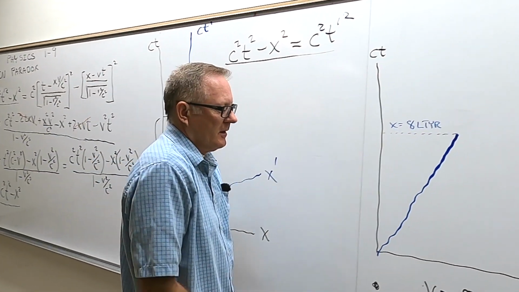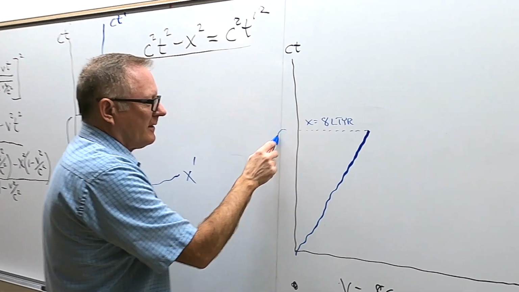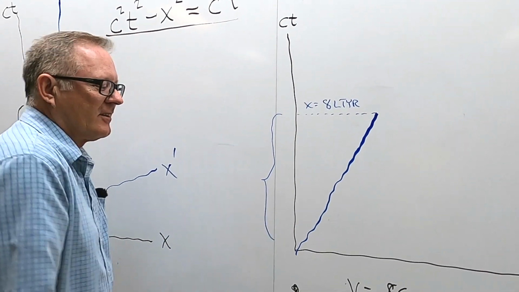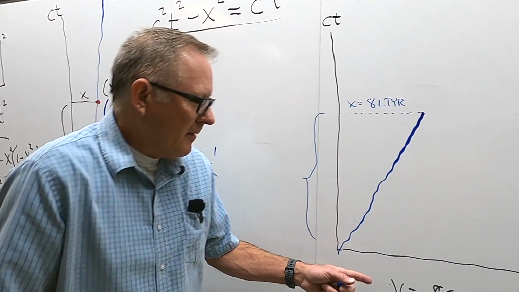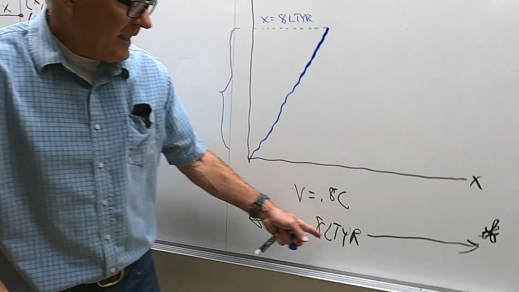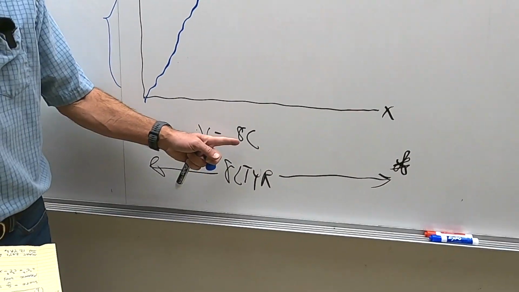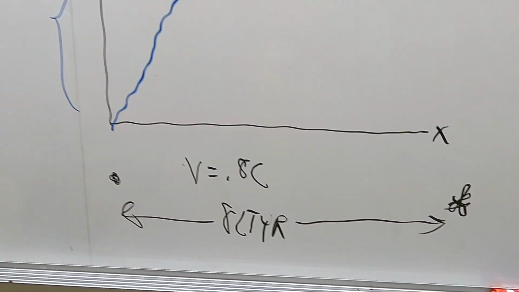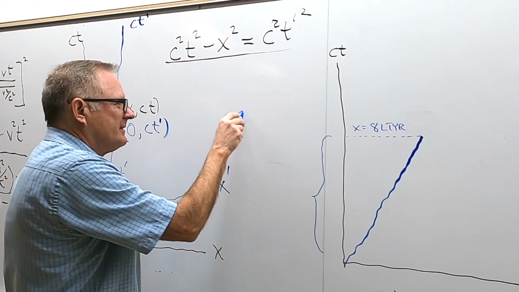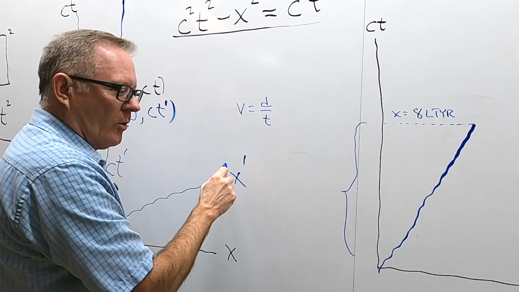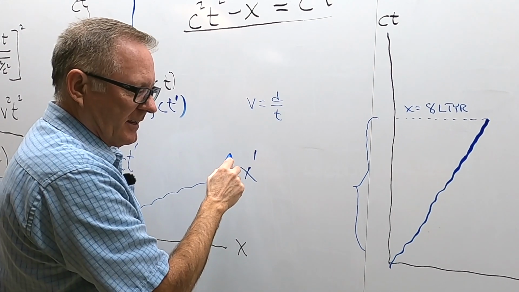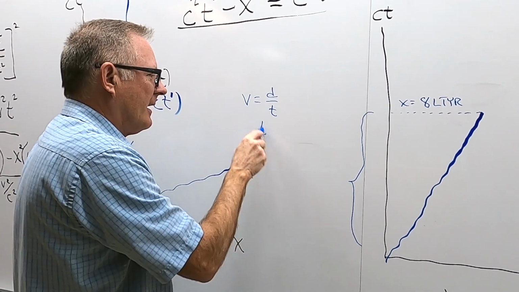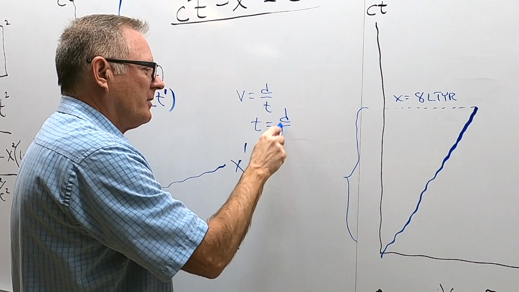Well, and we also know this right here. How long is it going to take Mary to go 8 light years if she goes at 0.8 c? Well, again, we know speed is distance over time, and what do we want to calculate? We want to get the time. The time is equal to the distance over the speed.